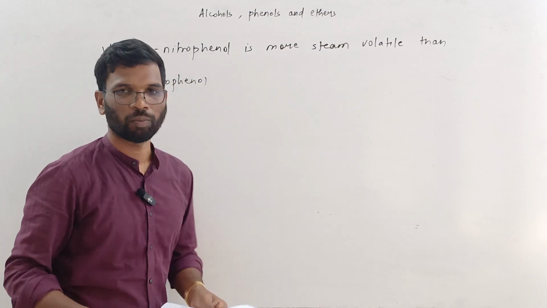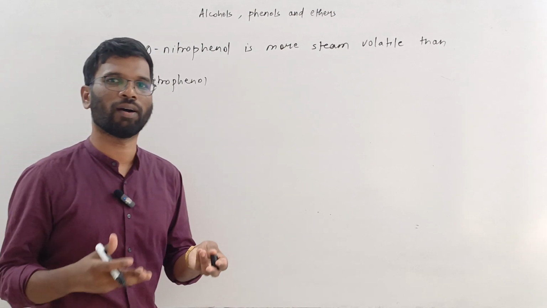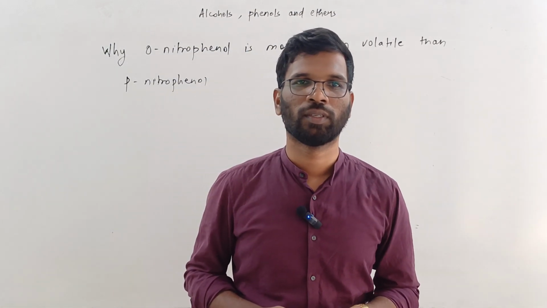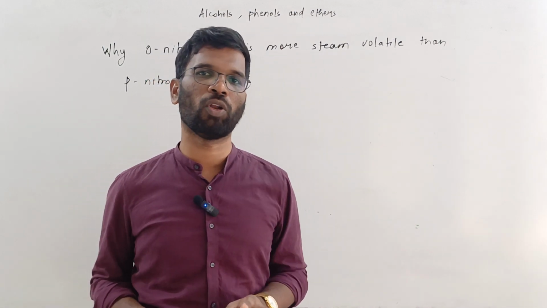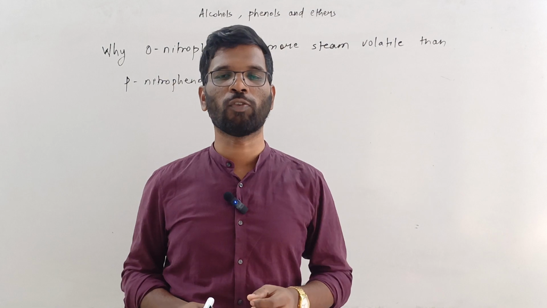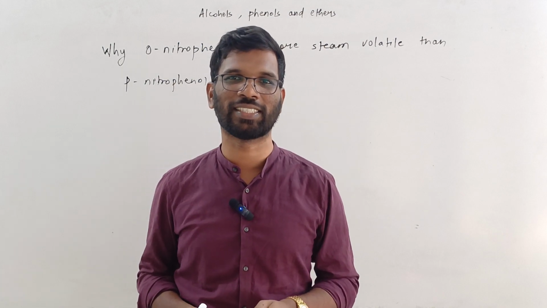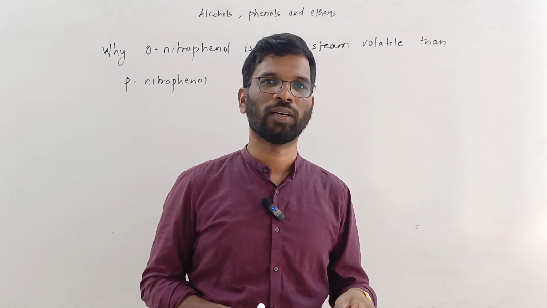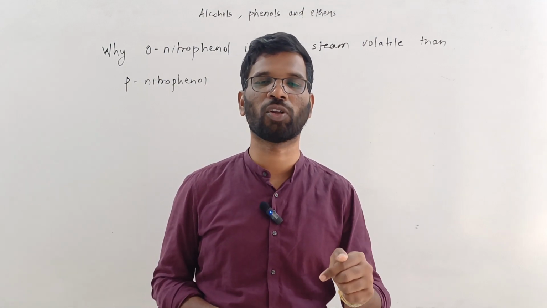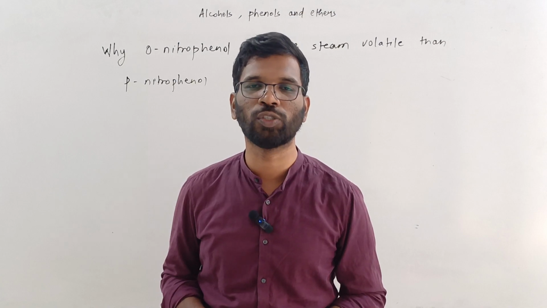They have a similar boiling point. Here volatility is also dependent on the intermolecular forces. If intermolecular forces are strong, then volatility is less, and if intermolecular force is less, then volatility is more, right?